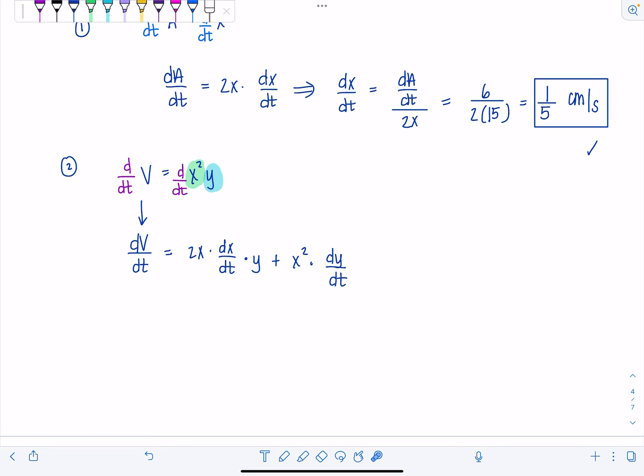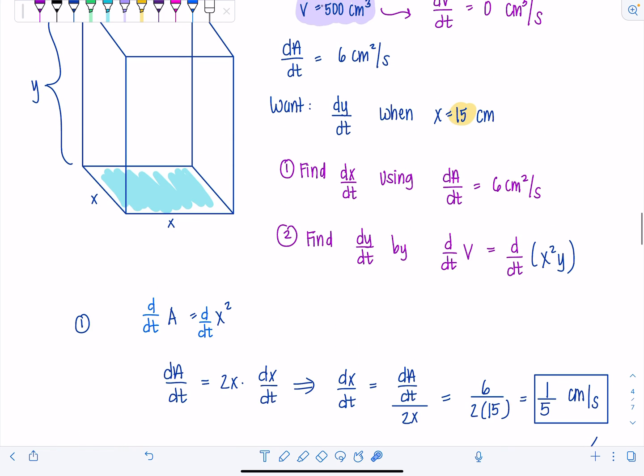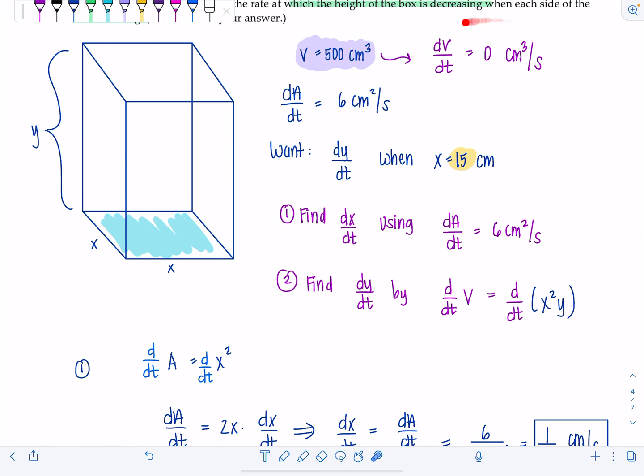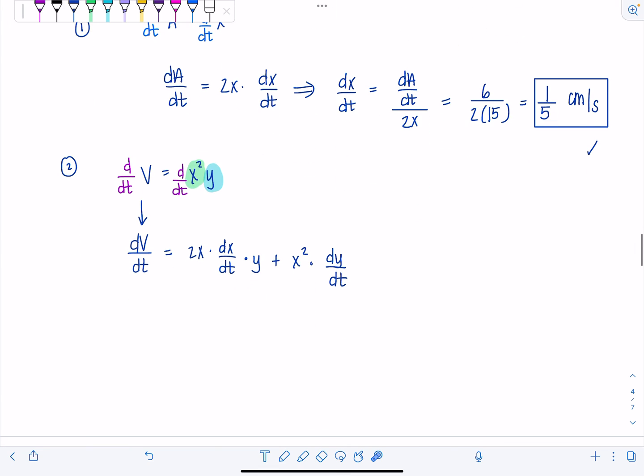Well, we said in the beginning of the problem, remember, since the volume was constant, that means dV/dt is equal to 0. And they did give me that x is 15. So if I know each of these sides is 15 and the volume stays 500 centimeters cubed, I can solve for y. So let's quickly, off to the side, find y when x is 15.